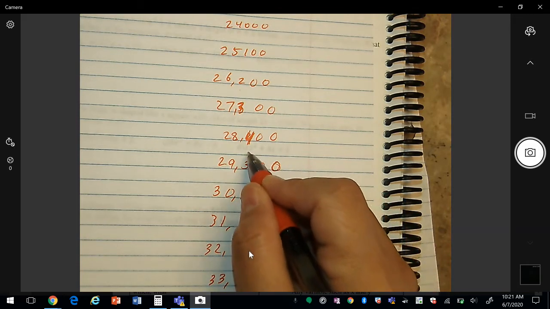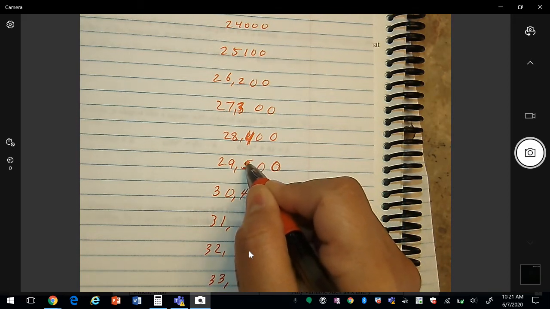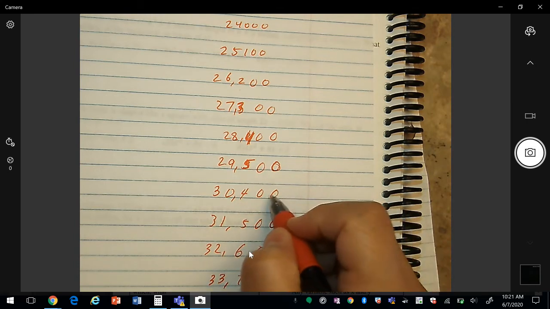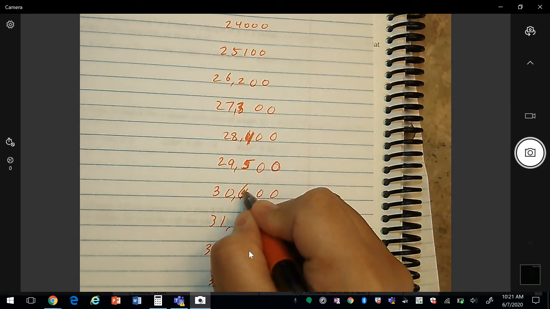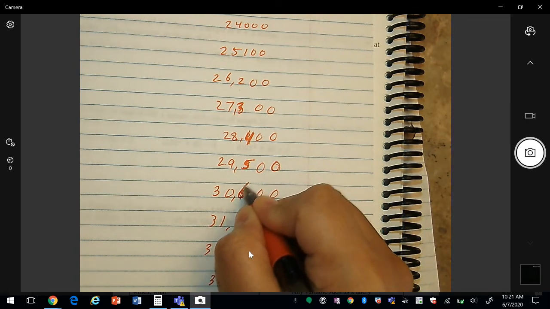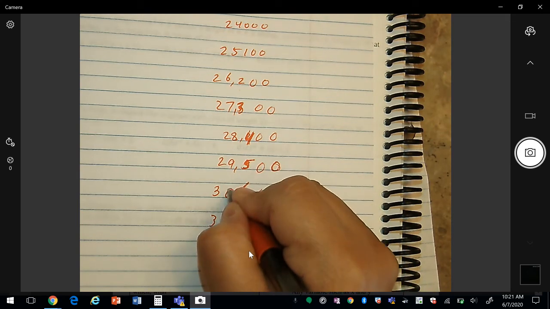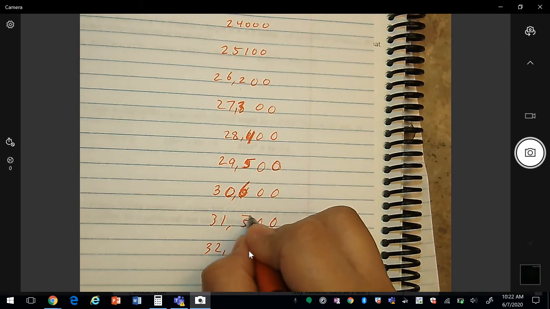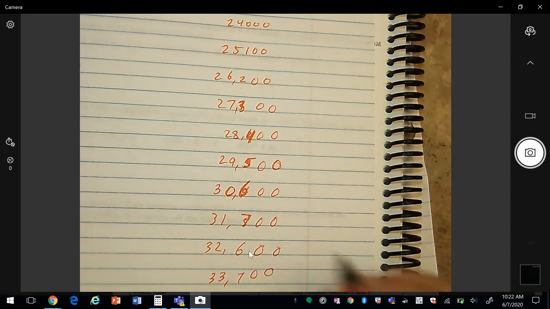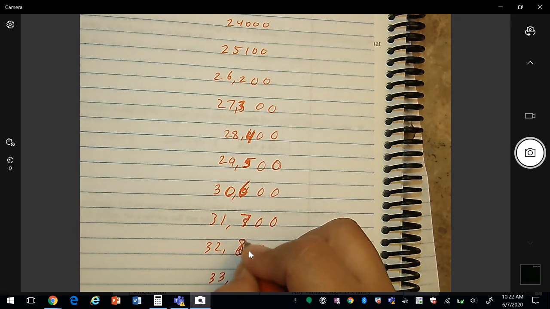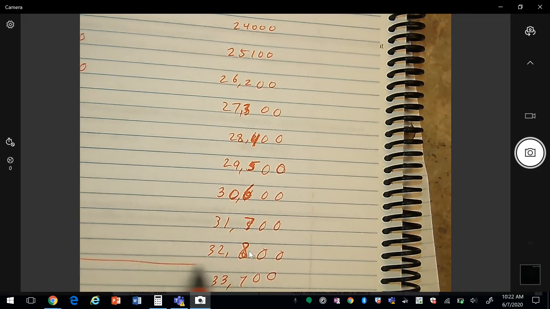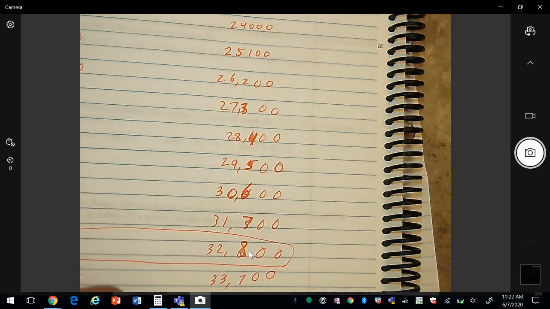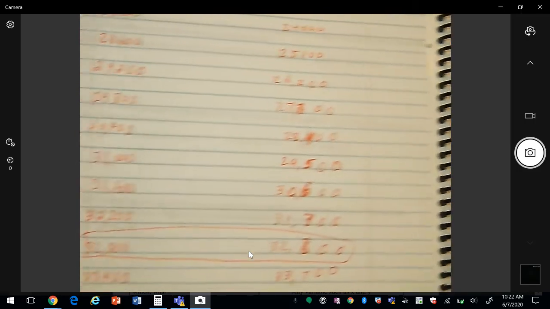And 1,100 here would be 5. 1,100 here would be 6. And 1,100 would be 7. And 1,100 would be 8. And so here we can see that they end up with the same salary.